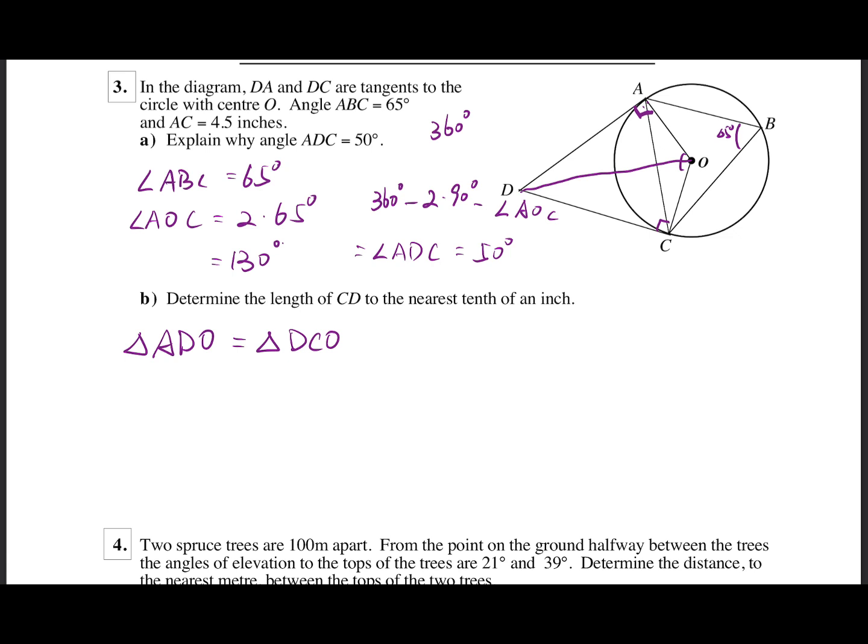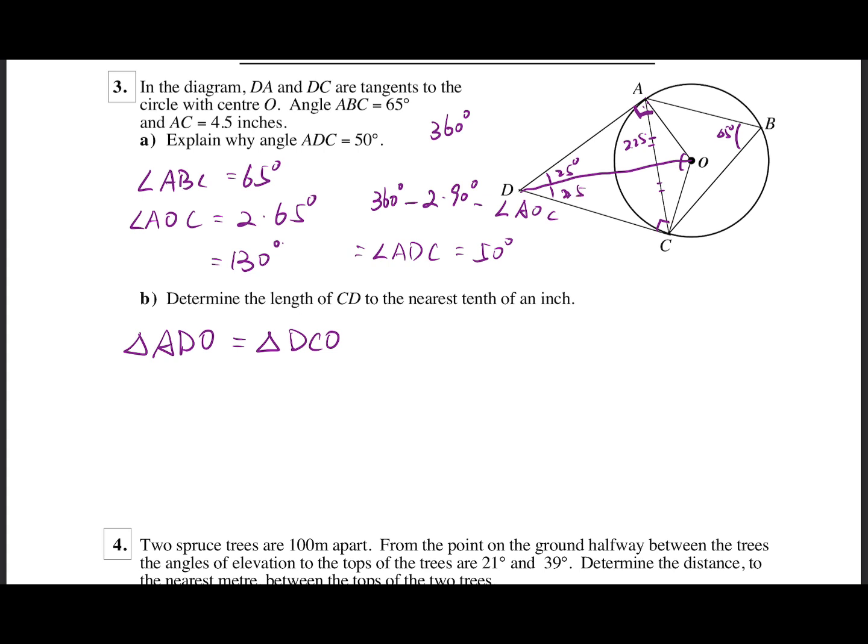So angle 1 and angle 2 are the same, and these two sides are the same, 2.25. Each angle is 25 degrees.